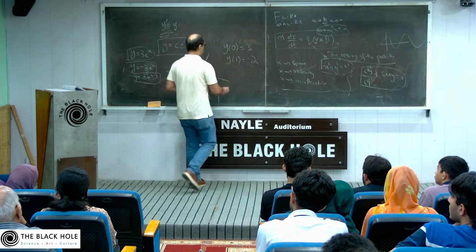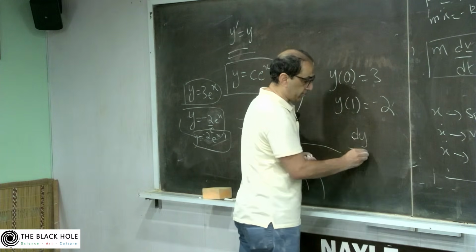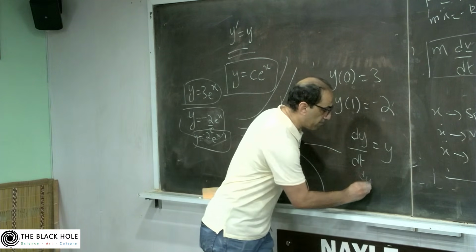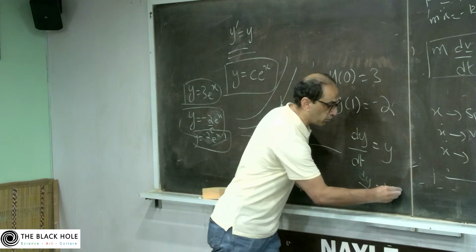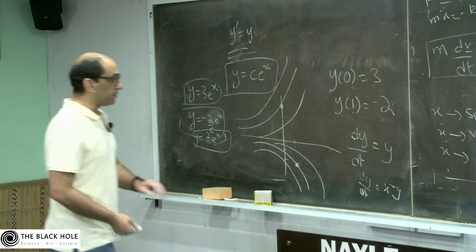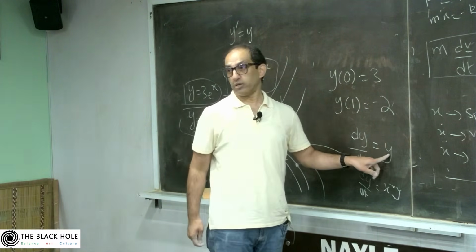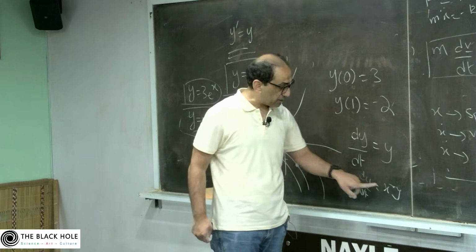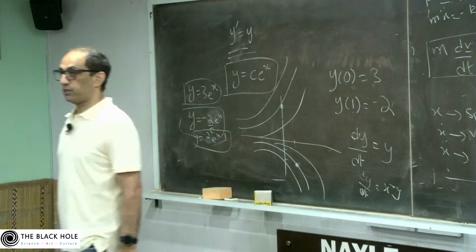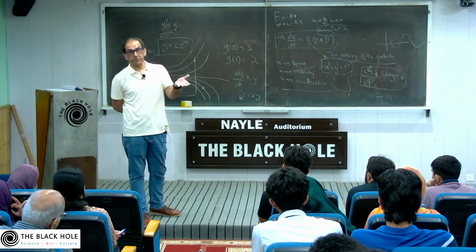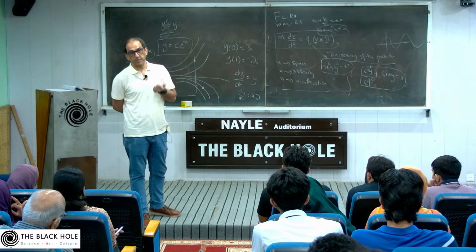Let's say, just to tell you, dy by dt is equal to y and dy by dt is equal to x minus y. So these are two very different things, because over here the dependence is only on this variable. The slope changes with respect to just this, but over here the slope changes with respect to both of them. So the slope is not constant, and it is such a great facility to have a slope defined by one thing rather than by two things.